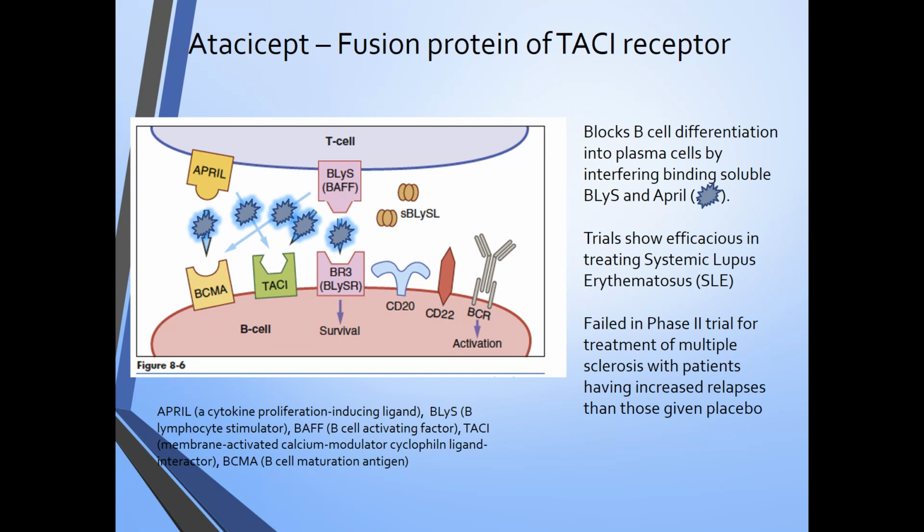It has been shown that, I think it's gone through phase 3 trials now, it shows efficacy against systemic lupus erythematosus, or SLE, or lupus, which is an autoimmune disease where B cell activation is a major component, and it causes a lot of soluble immune complexes attacking cells, as well as depositing those immune complexes in kidneys, skin, lung, etc. There was a trial for multiple sclerosis that looked promising early on, but I gather it failed phase 2 trials.